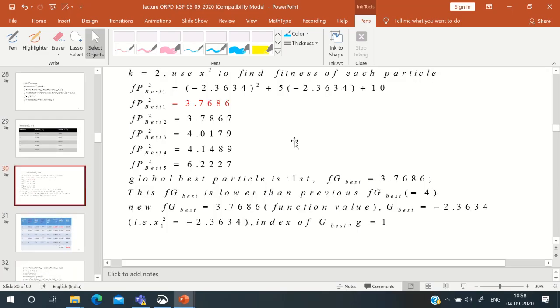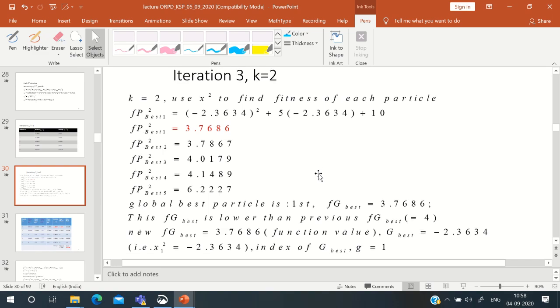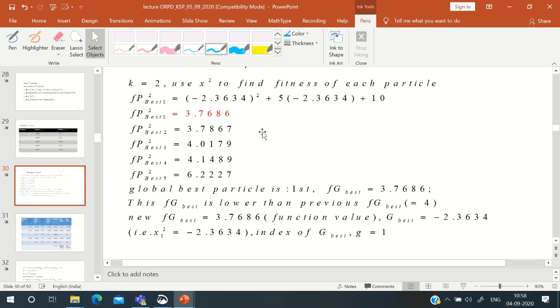Now repeat the same procedure for iteration 3, right? So in this iteration, the global best particle's x position will change. Now for the global best, see these are the function values: 3.76, 3.78, 4.01, 4.14, 6.22. The lowest one is 3.76.